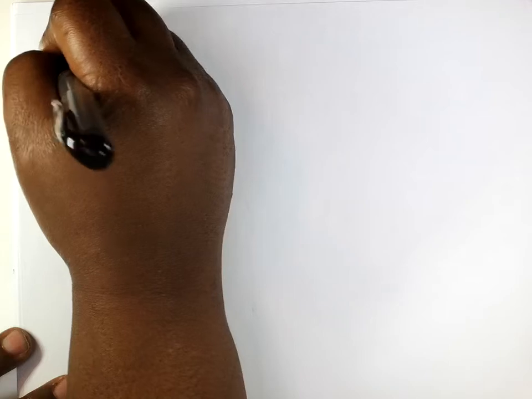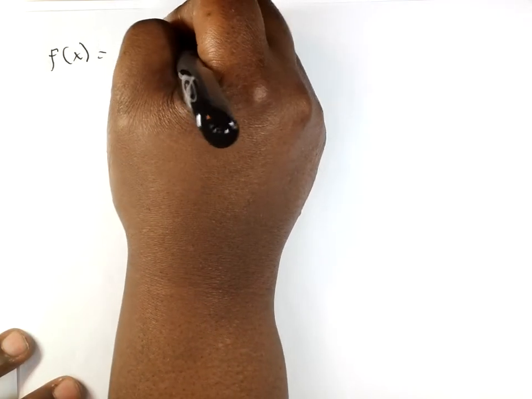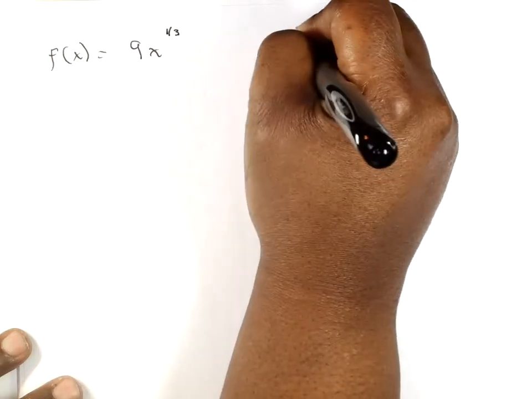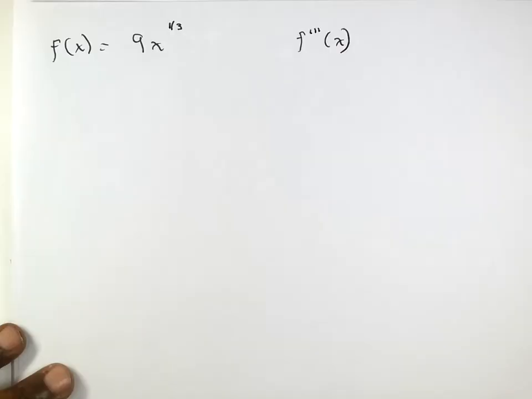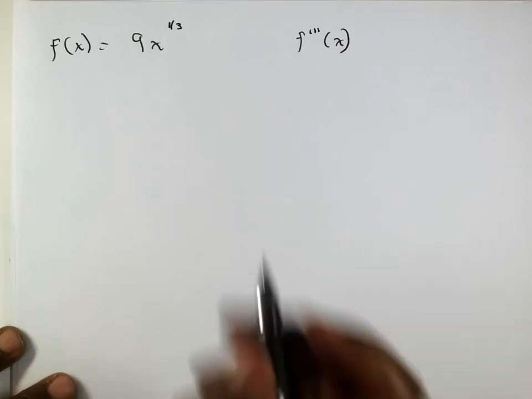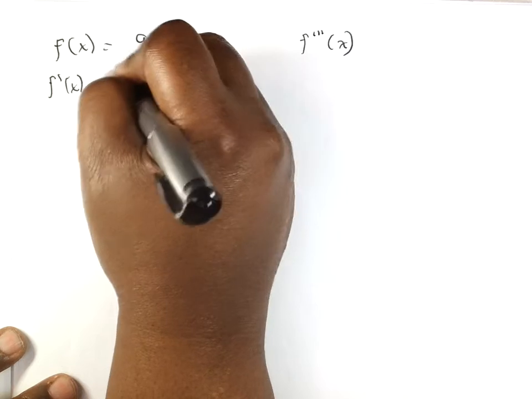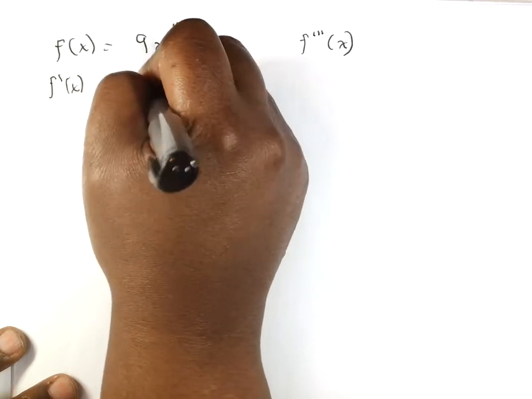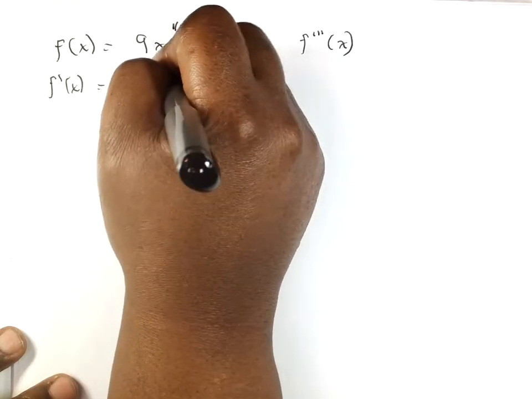Alright, here's another one. I want to find the third derivative. So I have f of x equals 9x to the 1/3 power, and I want to find f triple prime of x. So first derivative, f prime of x, that 9 times 1/3 gives me 3x, and then when you subtract 1 from 1/3, you get negative 2/3.